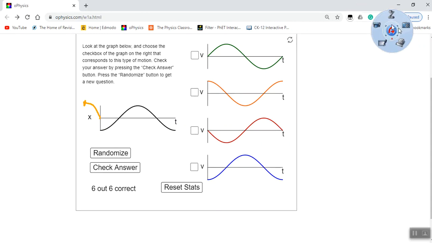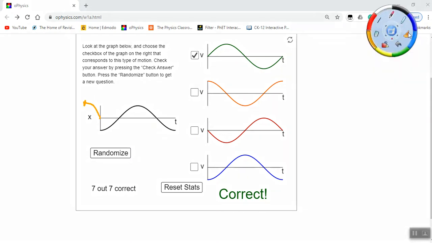For the displacement, the velocity must start a quarter behind it, so we're here, no, there, and so forth. Just something to note: the force is directly proportional to, the same as, the acceleration.